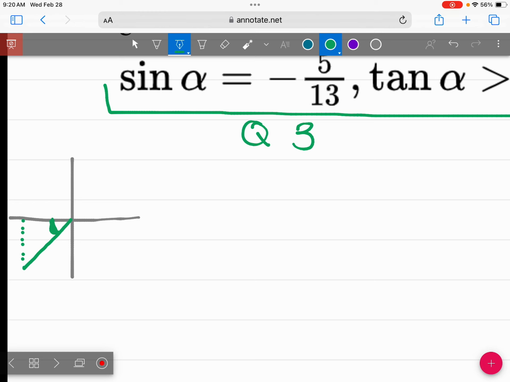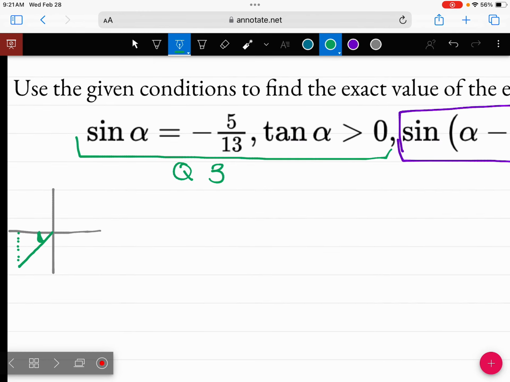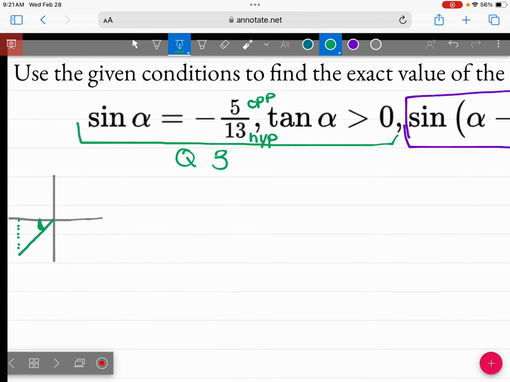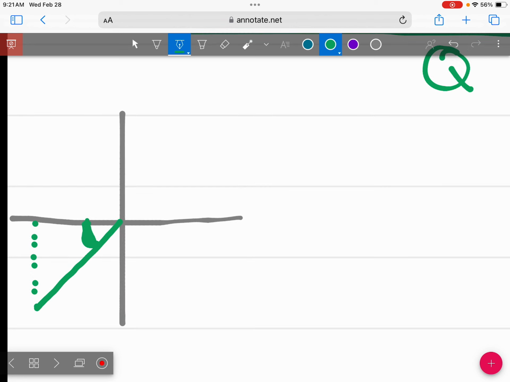So if that's my alpha, and we know that sine of alpha is negative 5 over 13, I know that this sine, SOHCAHTOA, is opposite over hypotenuse, right? So the opposite of my angle is going to be negative 5. My hypotenuse is 13.